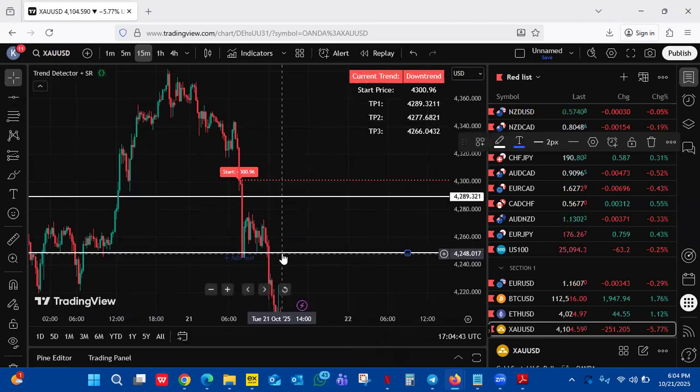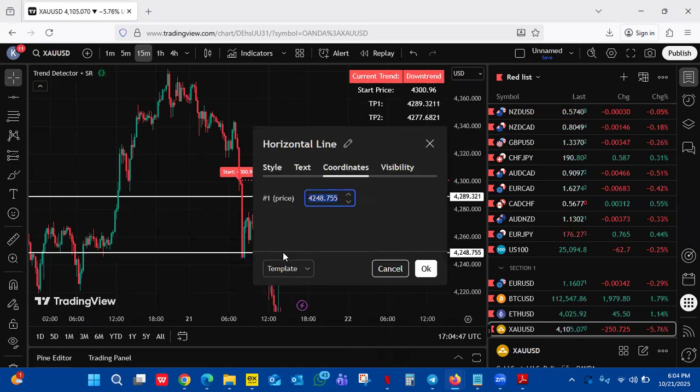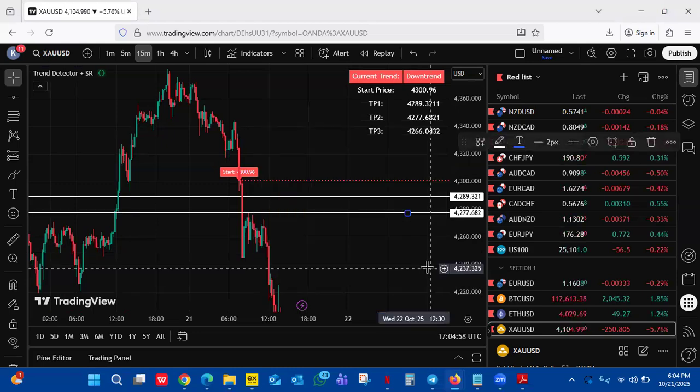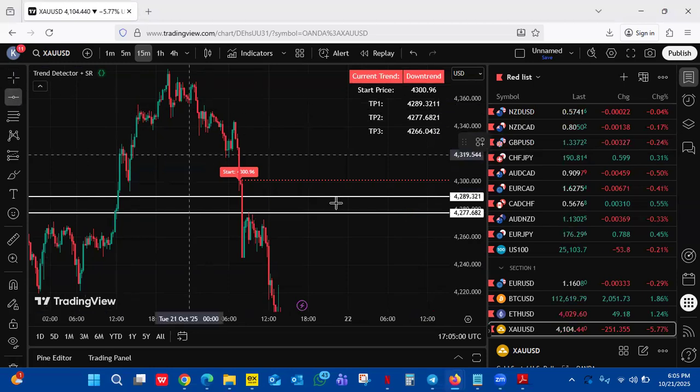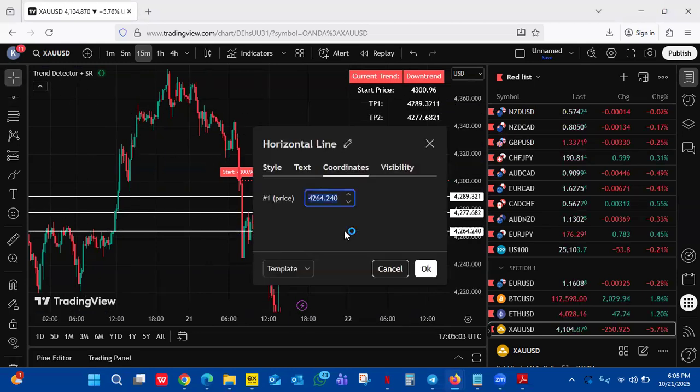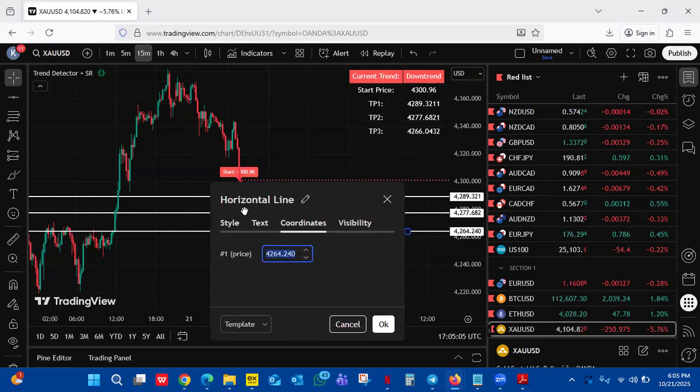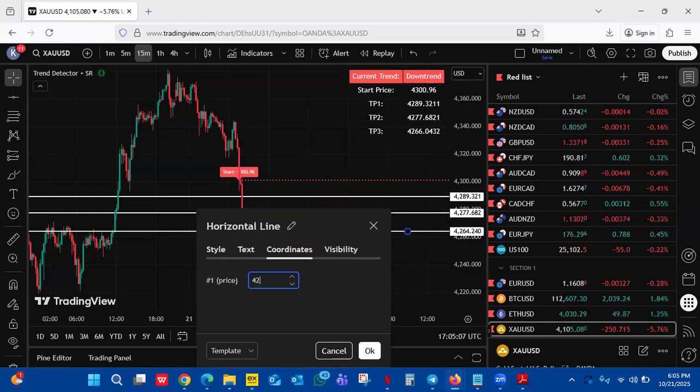Then take profit two, we're using 4277.6821. Then let's go back to TP3, 0432.